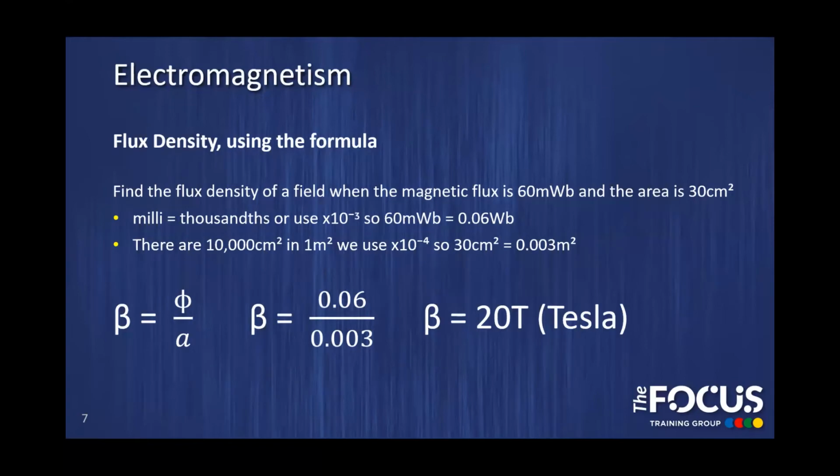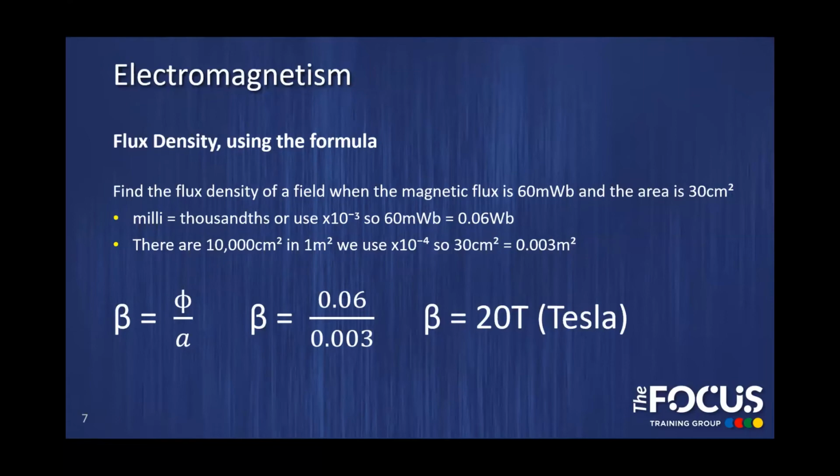As we know, milli means 1,000th, so we could divide 60 by 1,000, or we could multiply 60 by 10 to the power of minus 3, moving the decimal point 3 spaces to the left. So 60 milliwebers becomes 0.06 Webers.